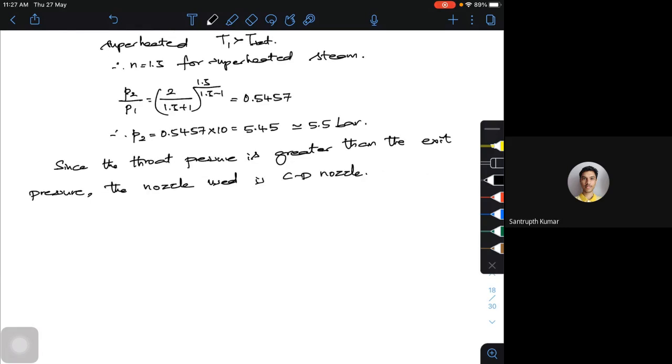Therefore, the minimum area is at the throat, at which P is equal to 5.5 bar.